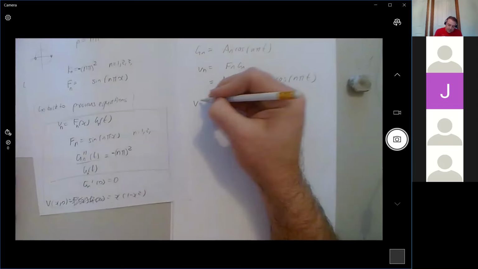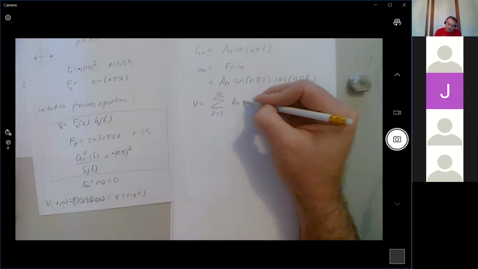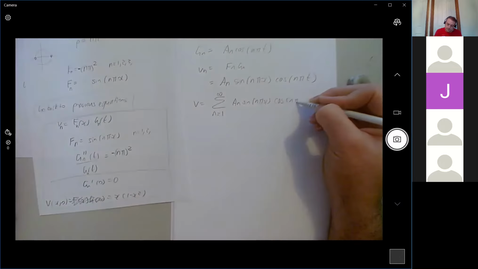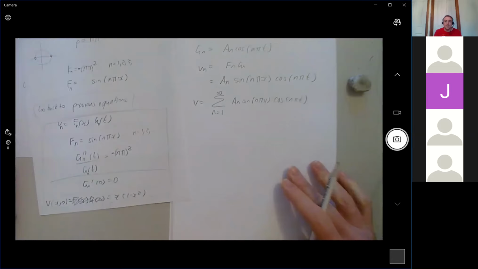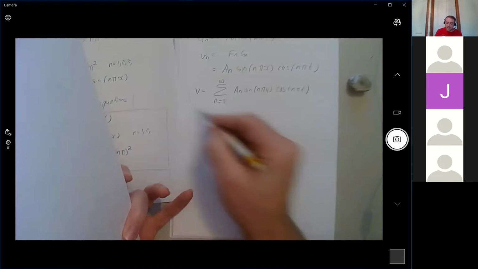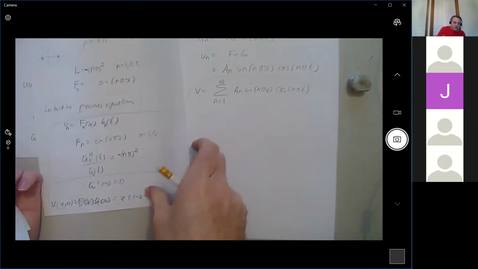And therefore V is the sum of all of those. Like that. So I've finally got a pretty good answer for what V is. It's made of a product of sines and coses, which is a weird ask, but that's okay.